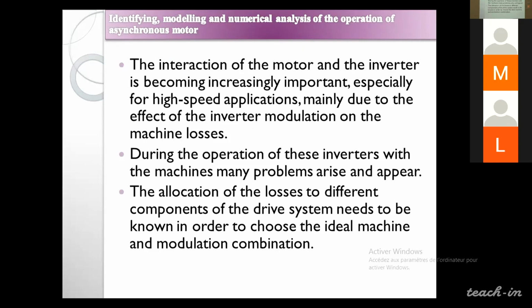During the operation of these inverters with machines, many problems arise. The allocation of these losses to different components of the drive system needs to be known in order to choose the ideal machine and modulation combination.